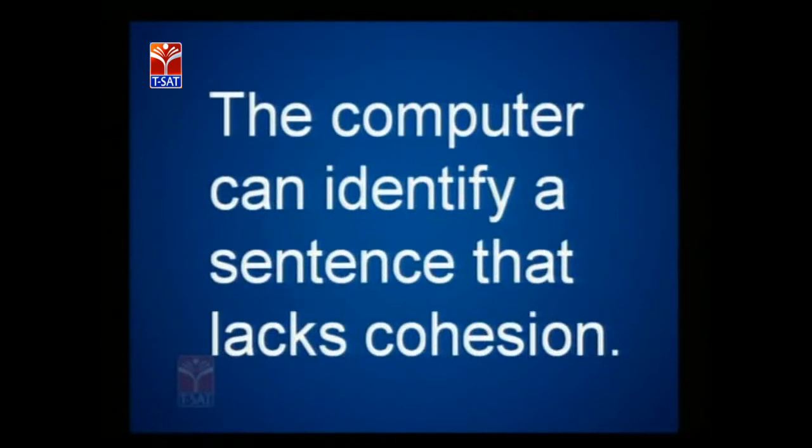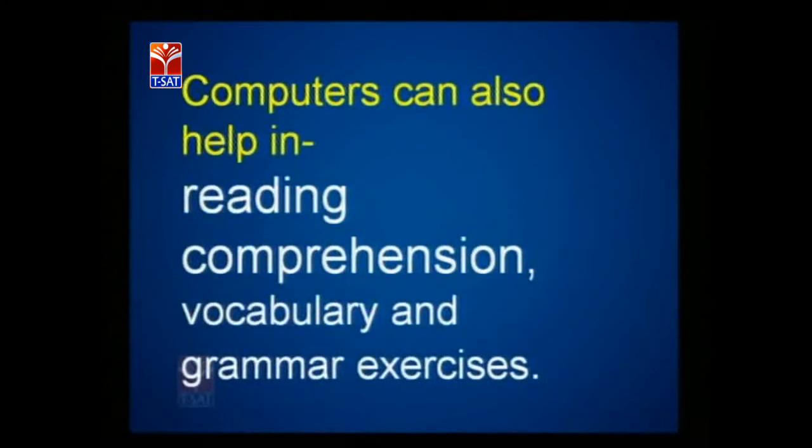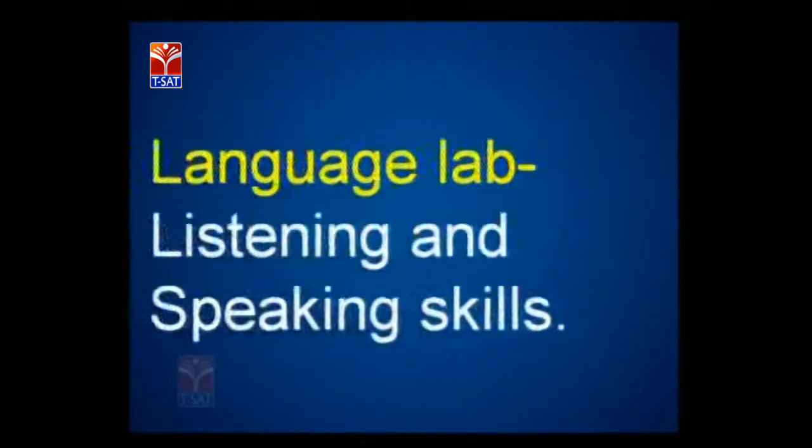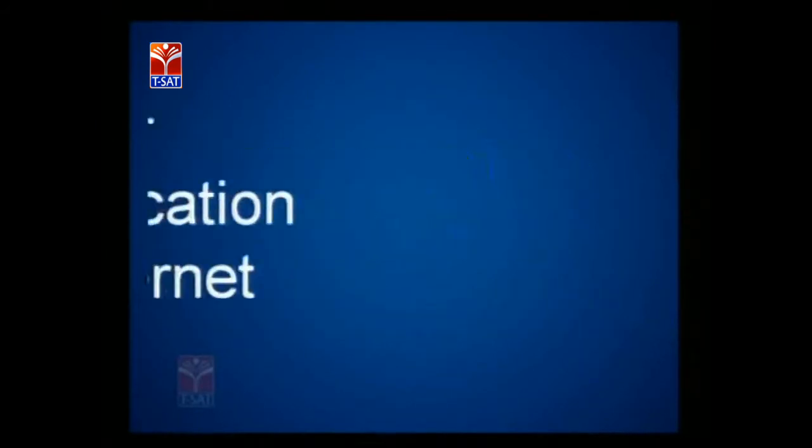The computer can identify a sentence that lacks cohesion. It can provide information on how to write a letter and other routine documents. Computers can help in reading comprehension, vocabulary, and grammar exercises. Language labs help in developing listening and speaking skills.